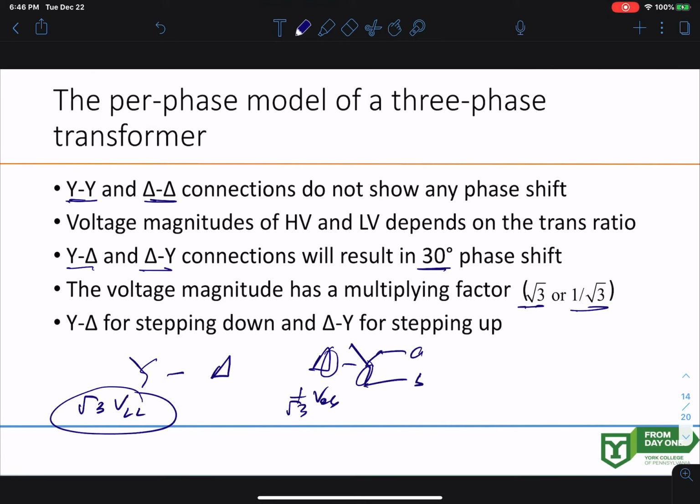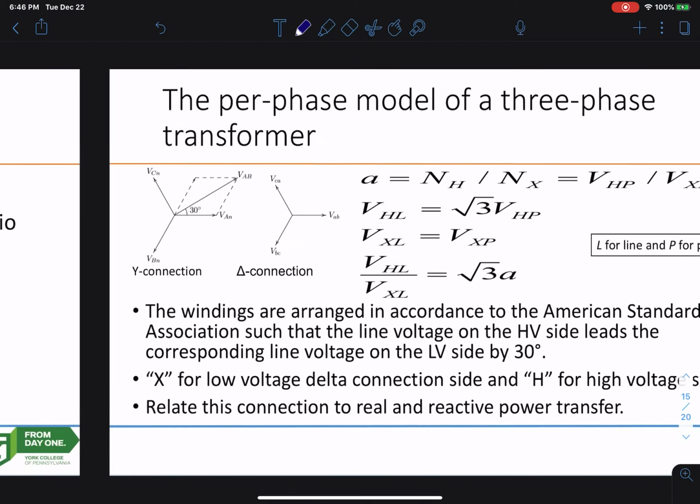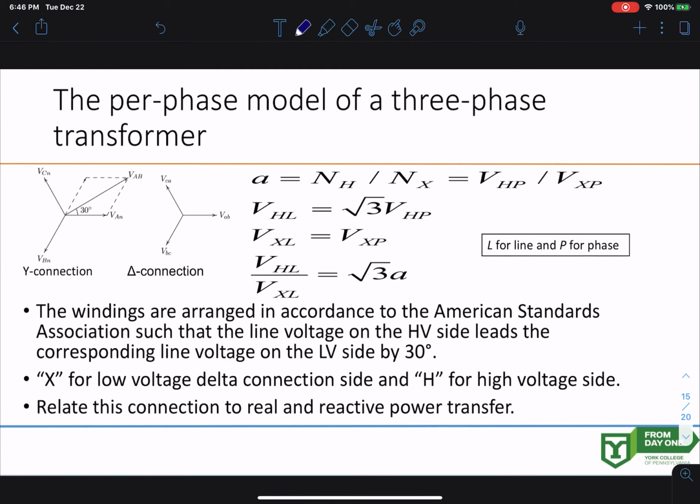All right. So voltage induction happens for the phase, and when you measure line to line, depending on the connection, you get root 3 times higher or 1 over square root of 3 times lower, depending on what connection you have. So over here, that's what it's showing. If you have a Y connection on this side and a delta connection on this side, depending on your voltage, you can see that there is a square root of 3 times relationship between these two ends.